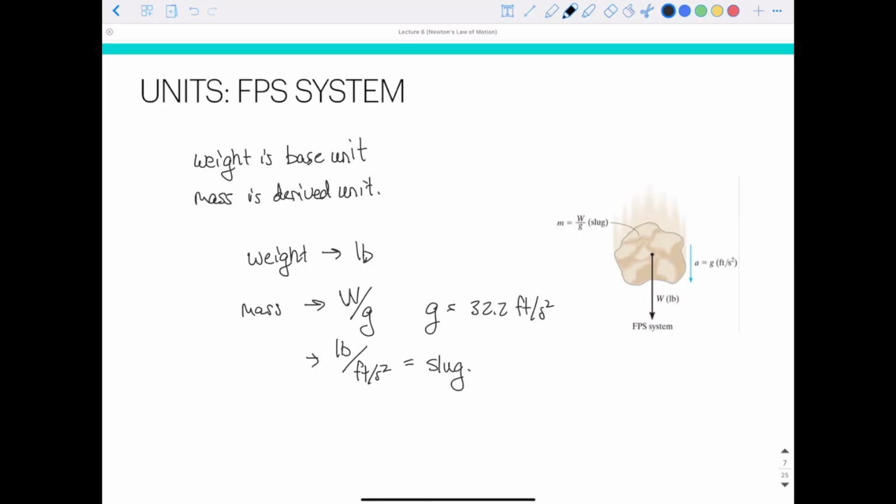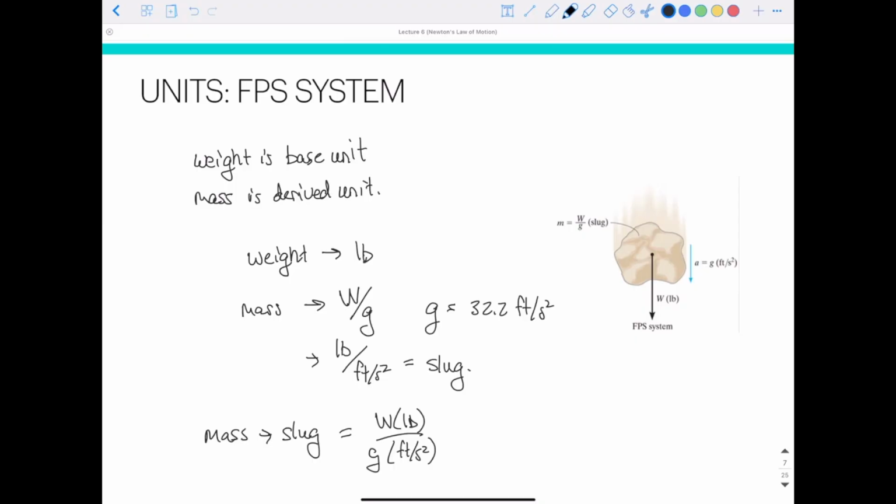So the term sluggish might refer to things that are more massive because they're more difficult to move. So mass is a slug in the FPS system, and it is equal to the weight in pounds divided by the acceleration of gravity, which is feet per second squared.